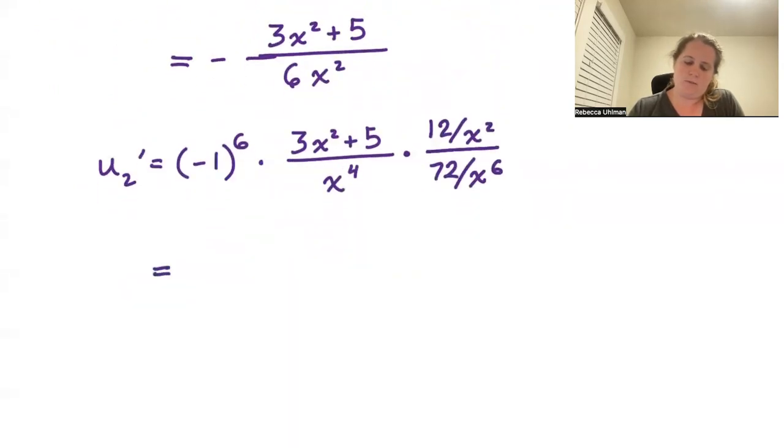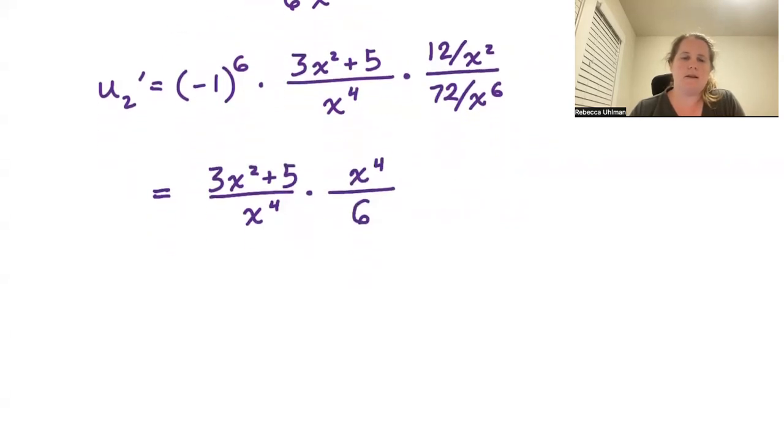This just becomes a positive 3x squared plus 5 over x to the 4th times, we would wind up with an x to the 4th up top divided by 6. Or in other words, 3x squared plus 5 all over 6 for the simplified version of u2 prime.